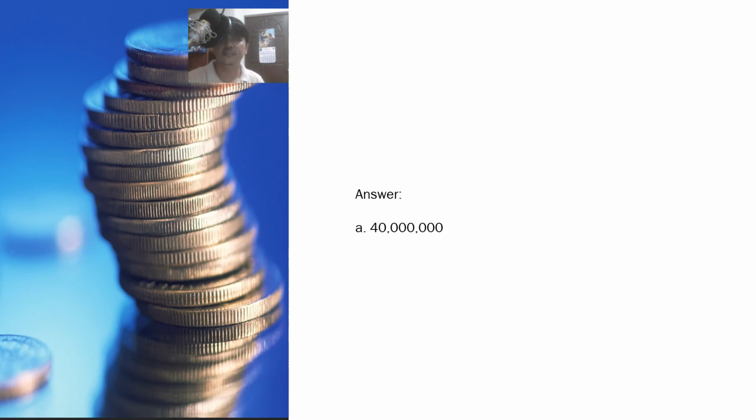It is still a current liability as of December 31, 2016 since ni-refinance lang siya after na ng cut-off which is December 31, 2016. Ang refinancing ay nangyari ng February 15, 2017 lang. So as of, ulitin natin, as of December 31, it is still a current liability.